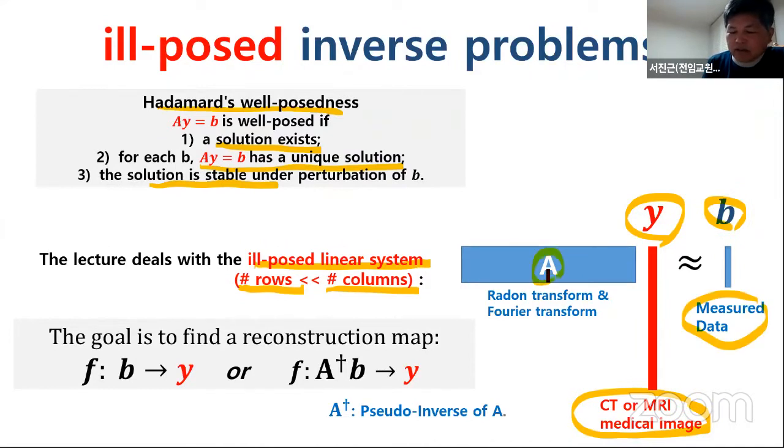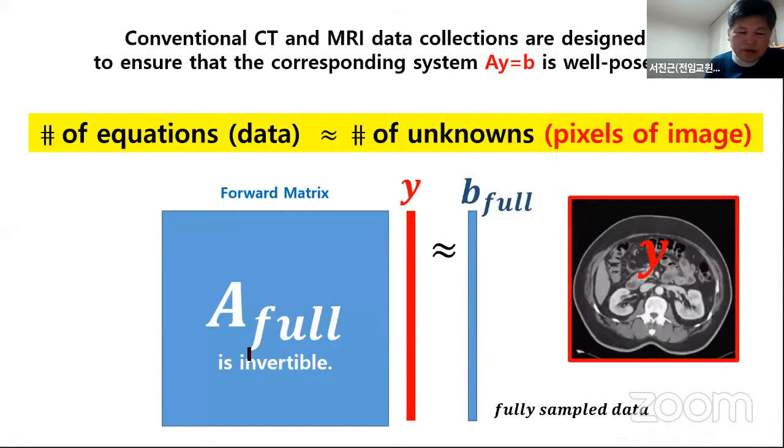A is the corresponding forward matrix: in the CT case, the Radon transform, and in the MRI case, the Fourier transform. The goal is to find the reconstruction map from b to y, either a pseudo-inverse of A or some other map. So you try to find this reconstruction map.